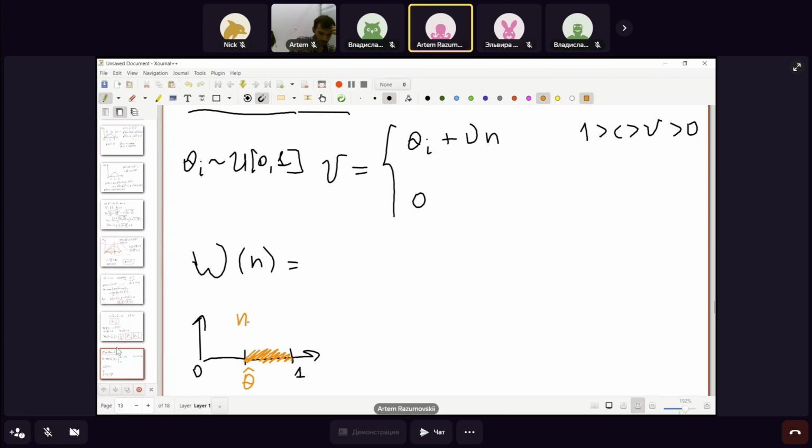So n will be equal to 1 minus theta hat. So we need to take the integral from 1 minus n, which is theta hat, to 1, across the utilities of those who join the market. So we need to integrate theta_i plus nu n.